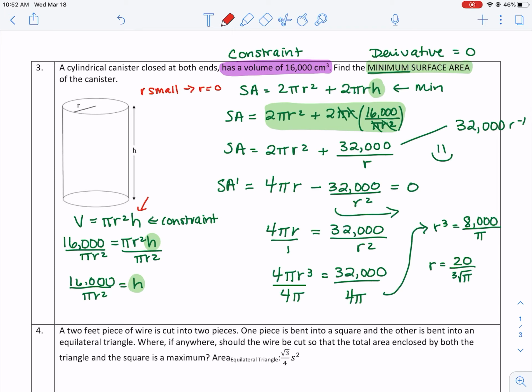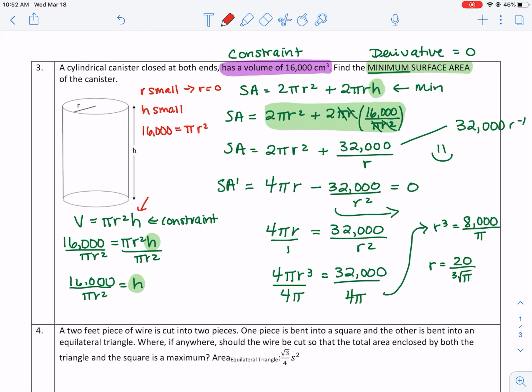Let's suppose r is actually really big, which means that h would have to be really small. If h is really small, that means that it's close to 0. That means that 16,000 would have to be really close to pi r squared. Notice that the h would be really close to something very small, so it's kind of insignificant. We actually don't need to consider it to find the maximum value for r.